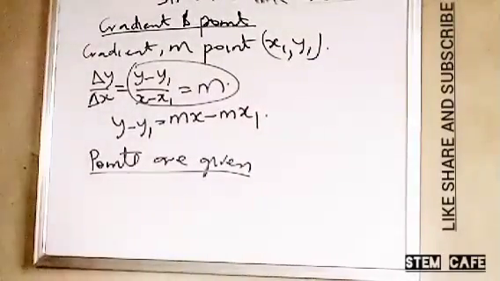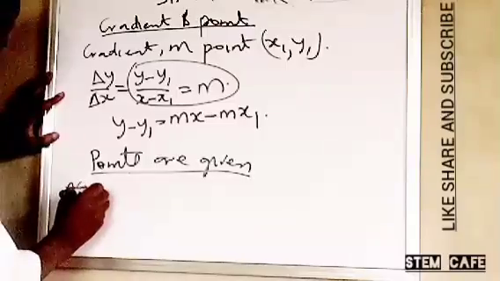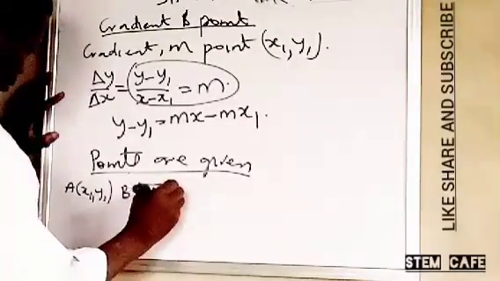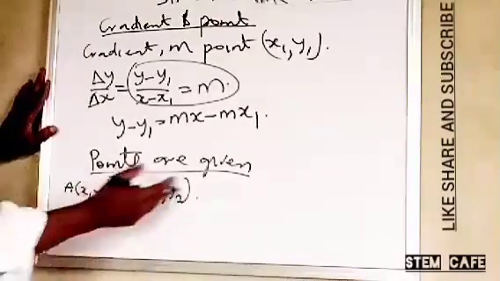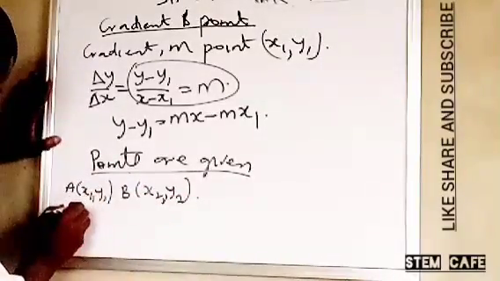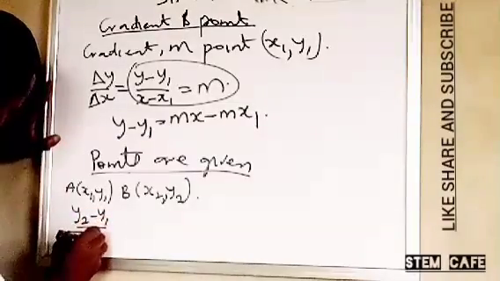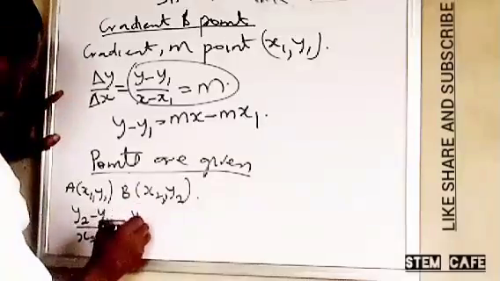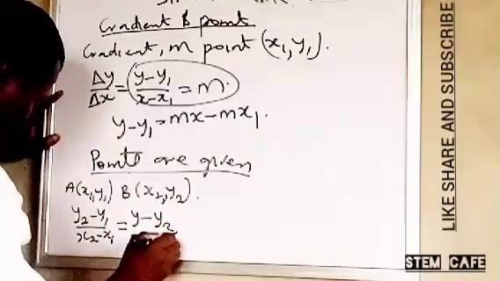Now, when 2 points are given, let's say we are given x1, y1 and x2, y2. From this, what is the equation of the gradient? y2 minus y1 over x2 minus x1 will be equal to y minus y2 over x minus x2.